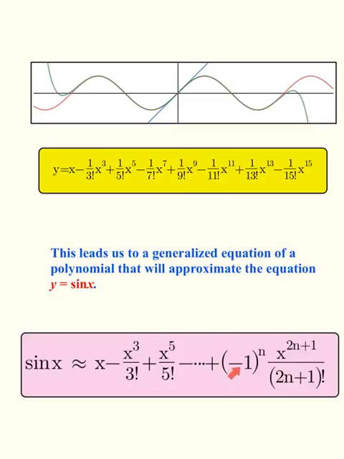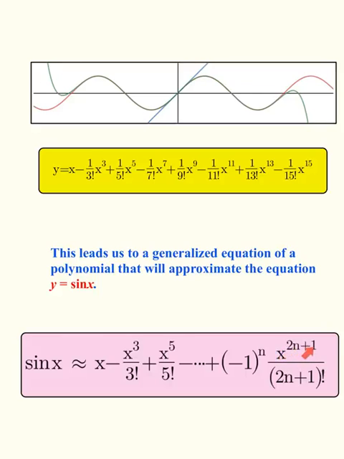And so to make your signs alternate, we have negative 1 raised to the n power, where if n is 1, this will be a negative value. When n is 2, this is a positive value. 3, this is going to be negative again, and so on. So this alternates your signs for the series here.